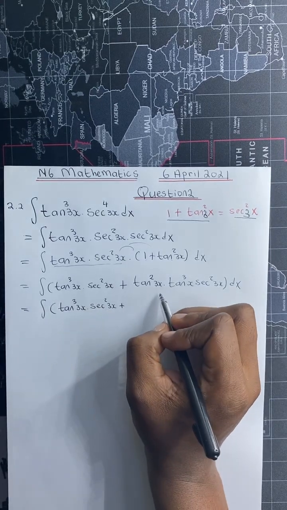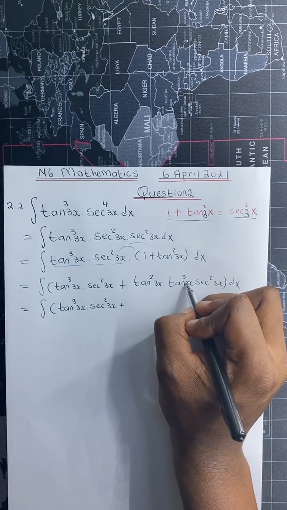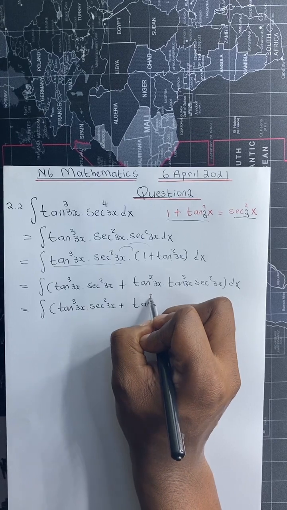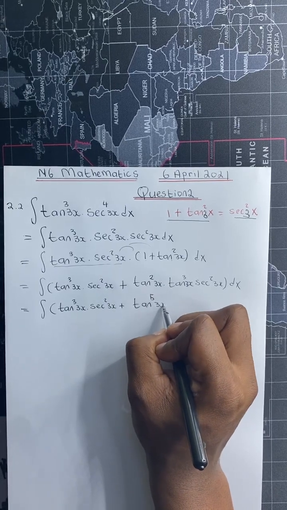The tan squared 3x multiplied by the tan cubed 3x will be equal to tan to the power 5 3x.